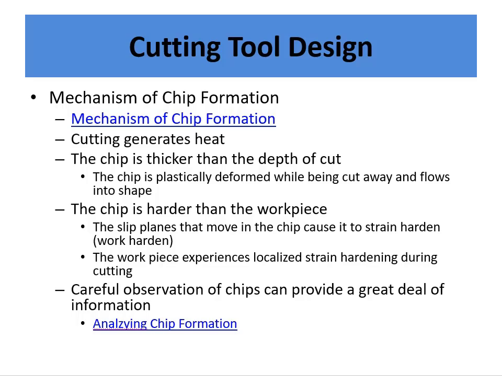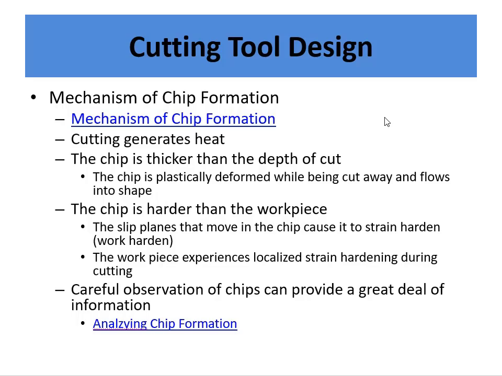The other thing to be aware of is that the chip is usually thicker than the depth of cut, because the chip actually gets compressed and the pieces slide diagonally along one another and stack up. That the chip is thicker than the depth of cut can tell you a little bit about the actual cutting that's going on.